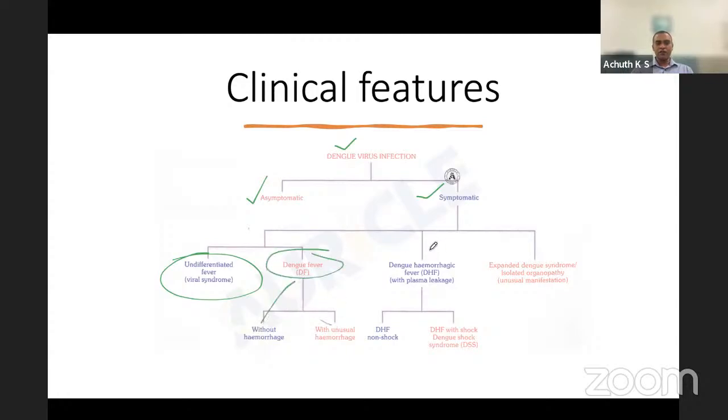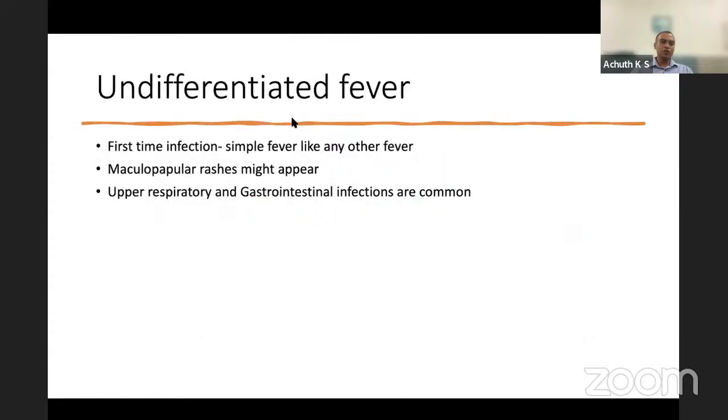If it is a serious one, we call it dengue hemorrhagic fever with plasma leakage. There might be shock syndrome or there might not. And if there is any organ failure, we call it expanded dengue syndrome. If you remember this chart, please do write it. You can fetch very good marks out of this chart. We'll go one by one.